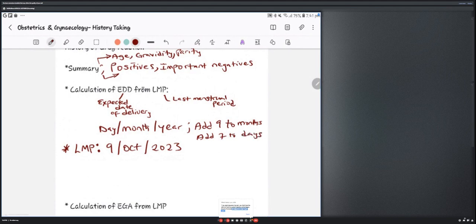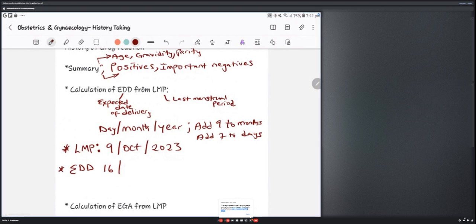When you're adding 7 to the days, this is 9, isn't it? 9 plus 7 will give us 16, right? Yes. So now, because we're trying to calculate EDD, remember what EDD is? Expected date of delivery. And adding 9 to October gives July.